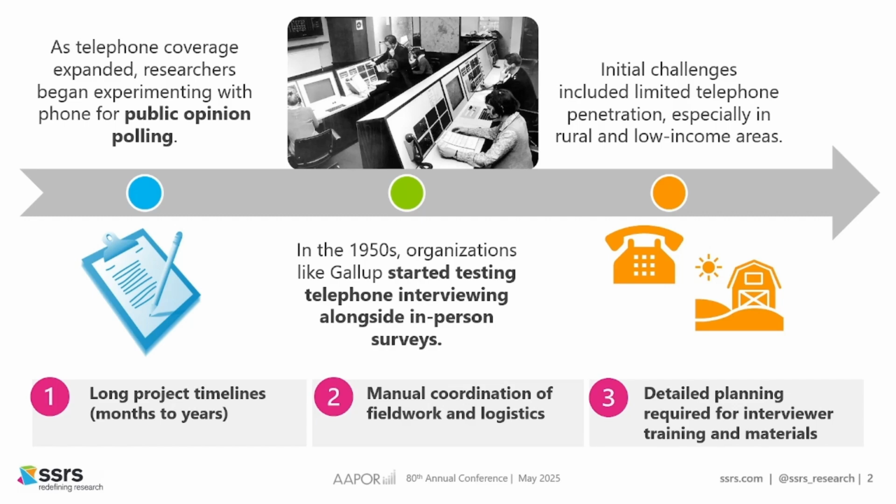Gallup started testing phone interviews alongside in-person. The initial challenges included limited phone penetration, especially in rural and low income areas. And then I have the side-by-side with project direction, where we had long project timelines, things were manual, we had detailed planning required.